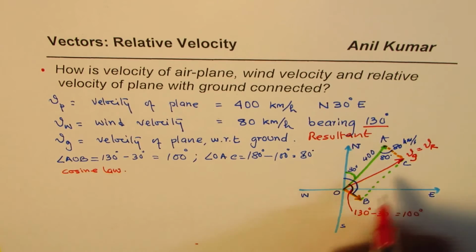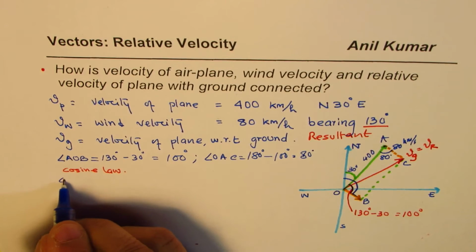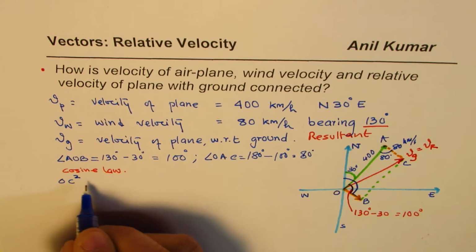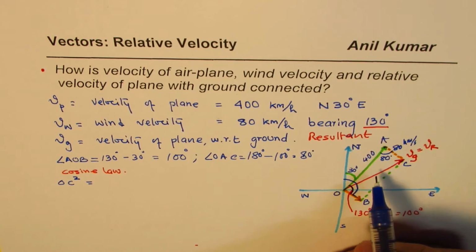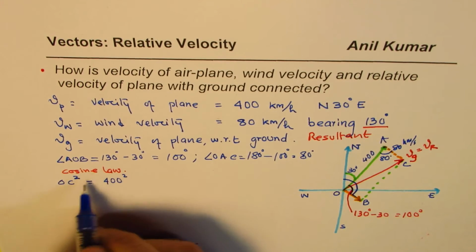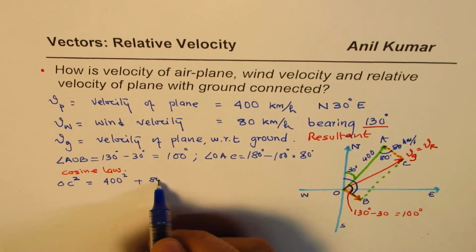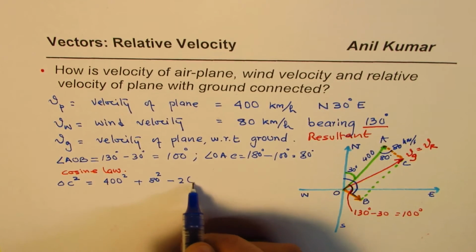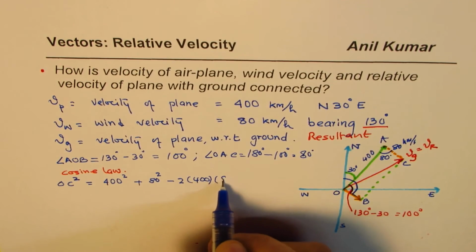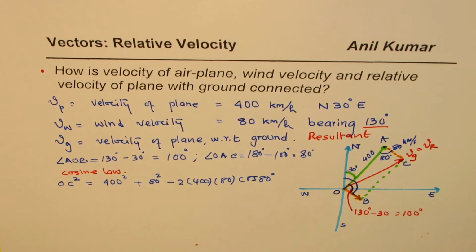So we find that OC, which is the resultant, OC square, is equal to the square of these two, which is 400 square. I'm not writing the formula for cosine law, but this square plus that square, which is 80 square, minus 2 times 400 times 80 times cos of the angle between them, which is 80 degrees.